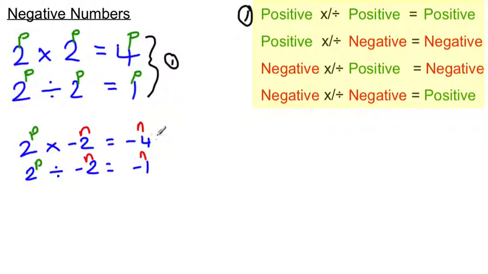So a positive times a negative equals a negative, and a positive divided by a negative equals a negative as well. So that there is the second rule.